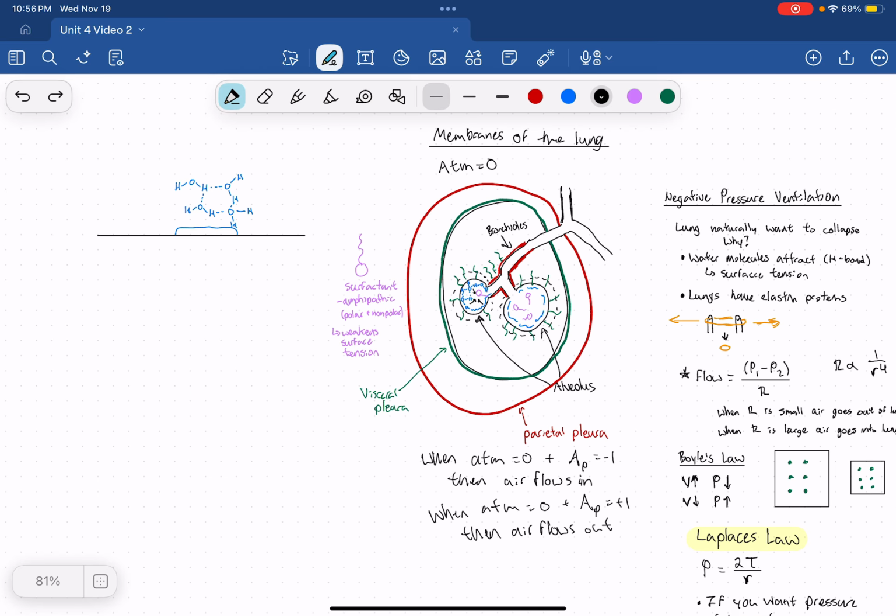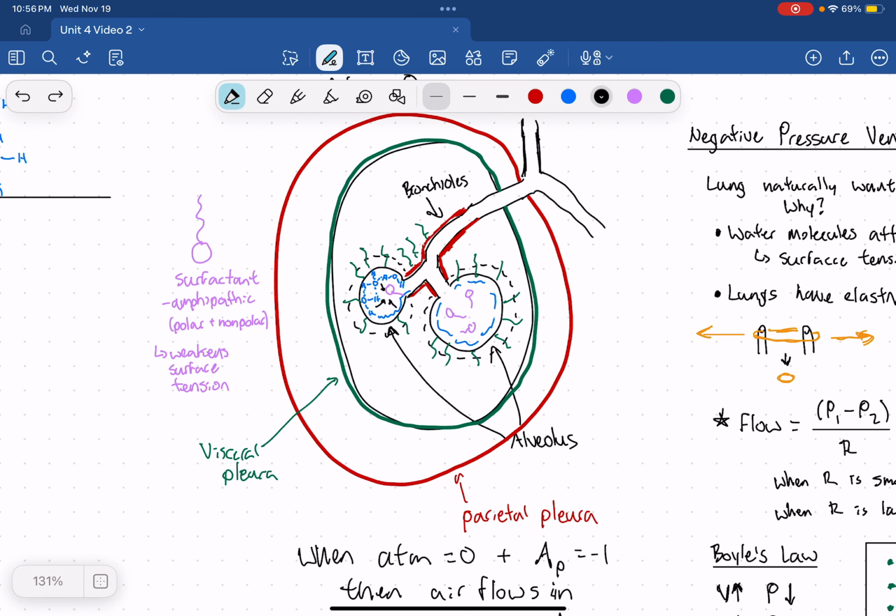Now, we've talked about a lot, so I'm just going to describe one more thing. We can think of this space in between the visceral and parietal pleura. We have this space right here, right?